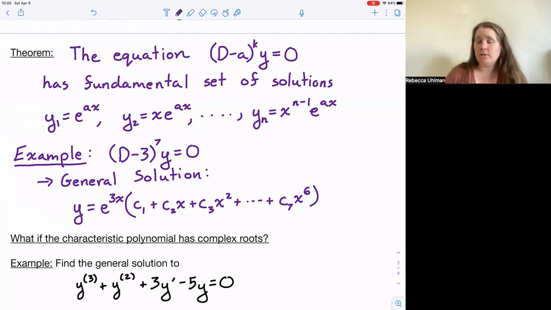So if we have an equation whose characteristic polynomial has a kth repeated root, we can boil it down to that reduced kth order equation and use this theorem to solve for solutions for that component.